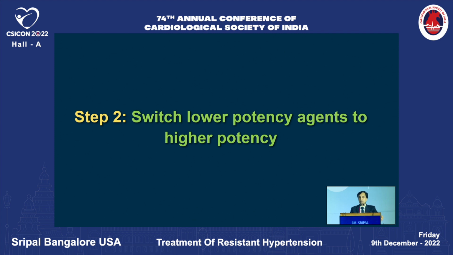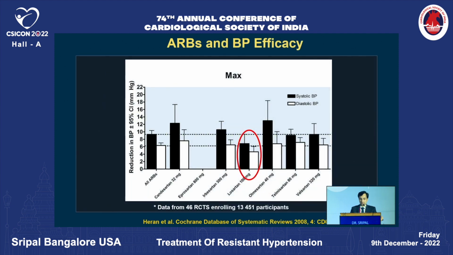Once you have confirmed that the patient does have resistant hypertension, step two is to switch. Dr. Nair elegantly pointed out that it's very prevalent for patients to be on low doses, low potency medications, so it's important to switch lower potency agents to higher potency agents within a class. For example, this is looking at ARBs and systolic and diastolic blood pressure goals.